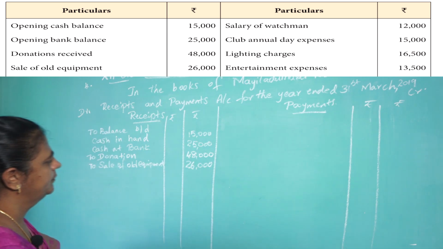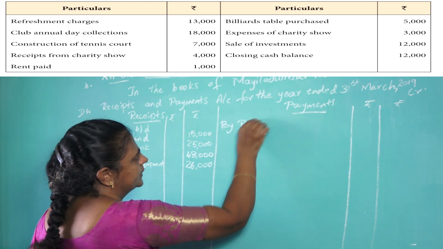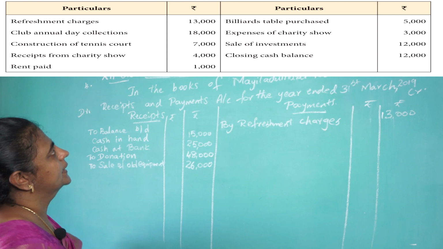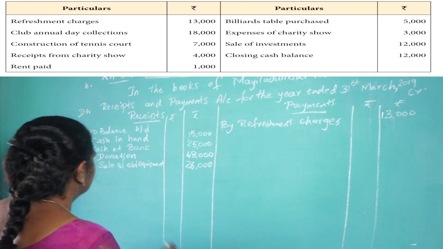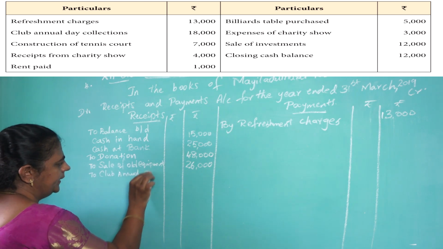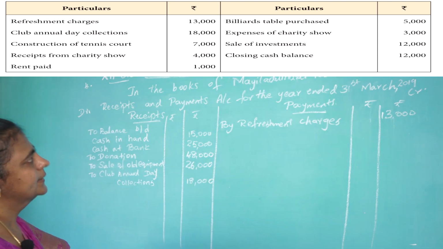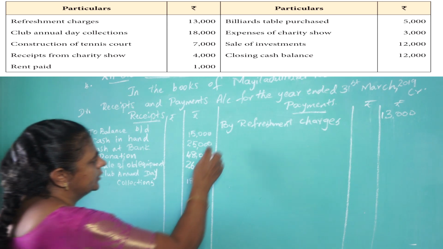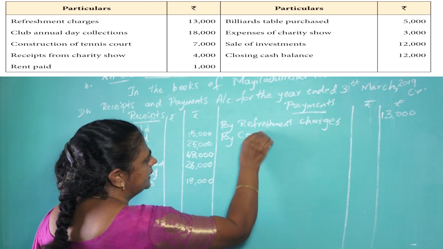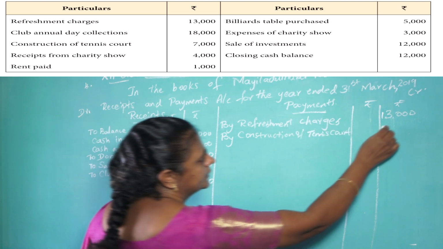Refreshment charge 13,000, that is an expense, a payment, by refreshment charges 13,000. Club annual day collections 18,000, collections are receipts, so to club annual day collections 18,000. Construction of tennis court 7,000, you are constructing a tennis court, so you have to pay for that. It's a payment, by construction of tennis court 7,000.